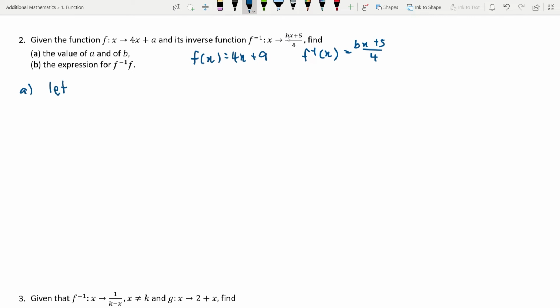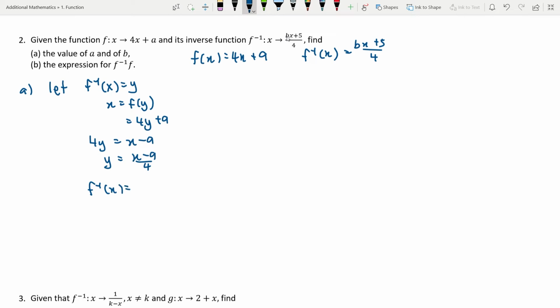Let the inverse function of f equal to y, x equal to f of y. Substitute y into the function f, we get 4y plus a. Then we make y our subject. We get y equal to x minus a over 4, which means the inverse function of f is x minus a over 4.